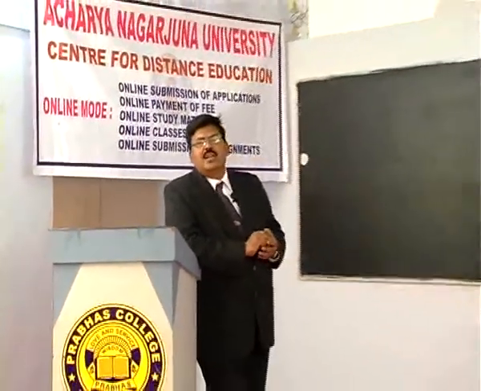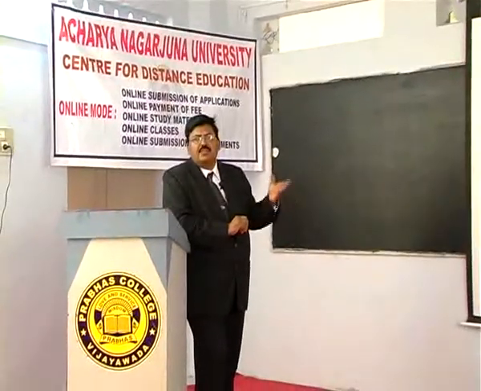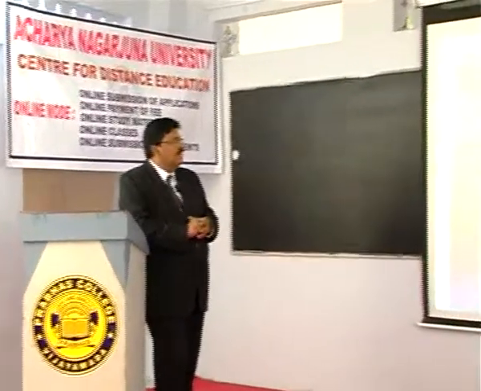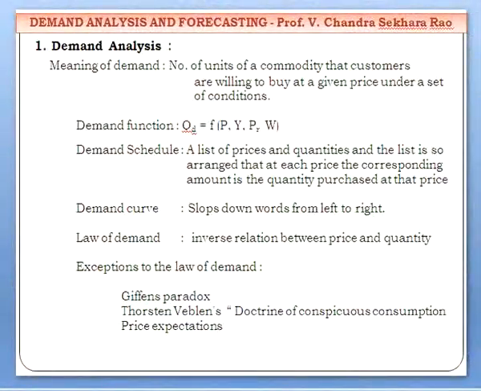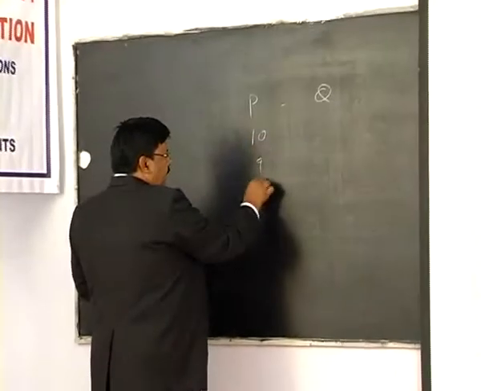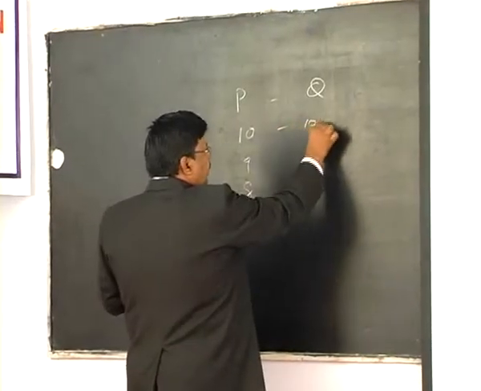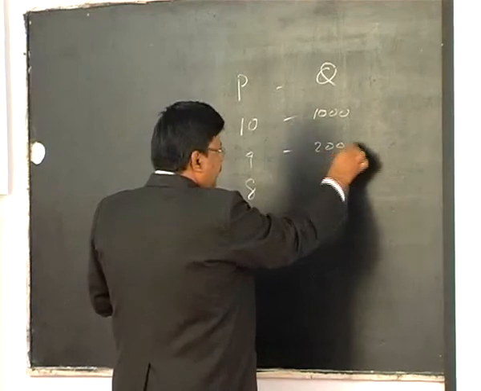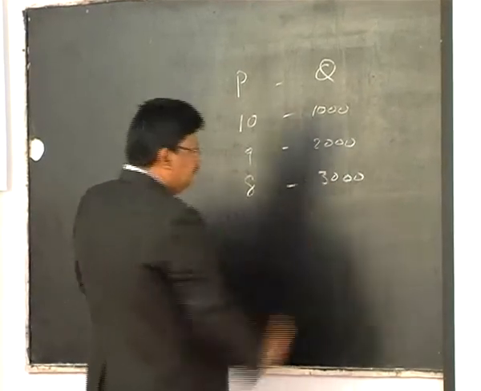What is a demand schedule? A demand schedule is a list of prices of a commodity, and the list is so arranged that at each price the corresponding amount is the quantity purchased at that price. So you can define a demand schedule as a list of prices and quantities. For example, you can see here the price and quantity. Say prices 10, 9, 8 and quantities 1000, 2000 and 3000 units.